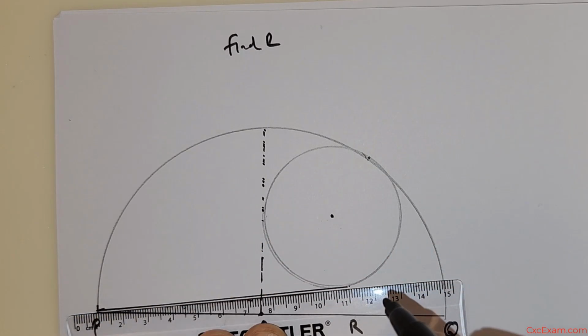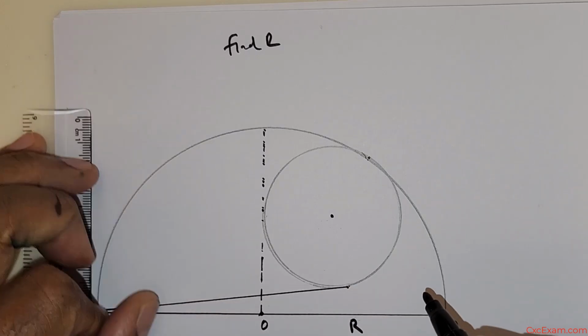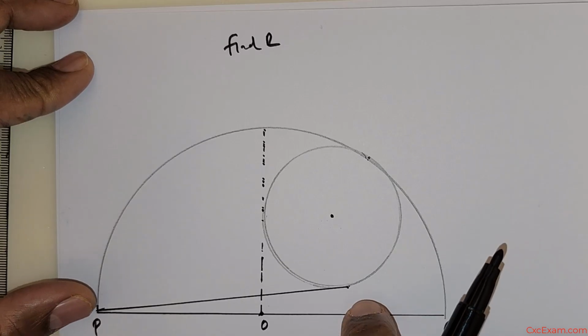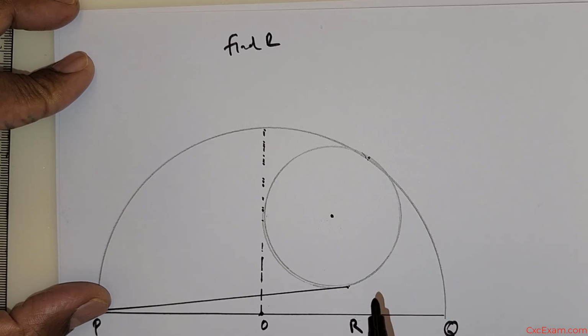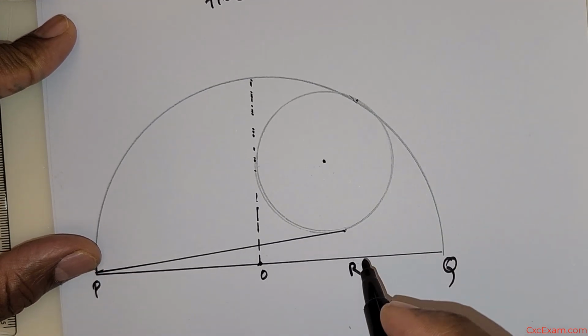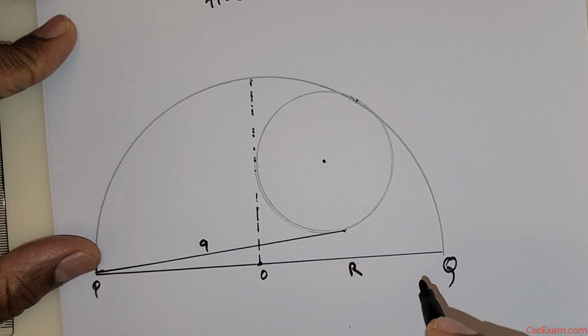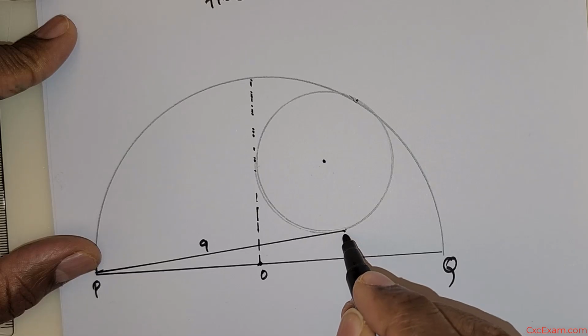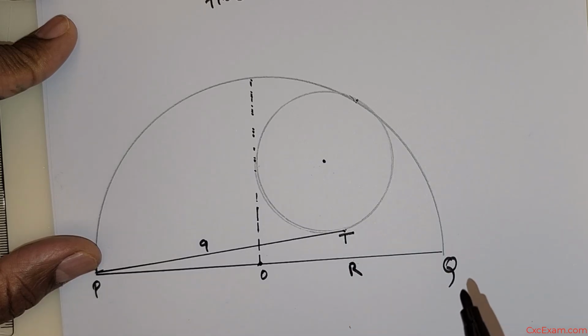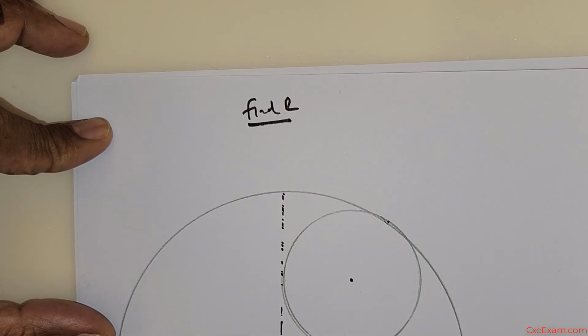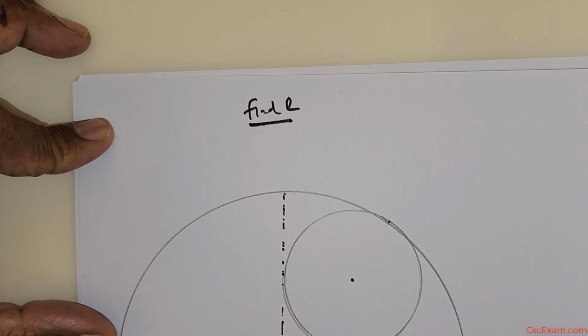So this is a point of tangency right here, and this distance is given as 9 units. Okay, 9 units, and I'm going to take this point as T, and we are asked to find the radius r.